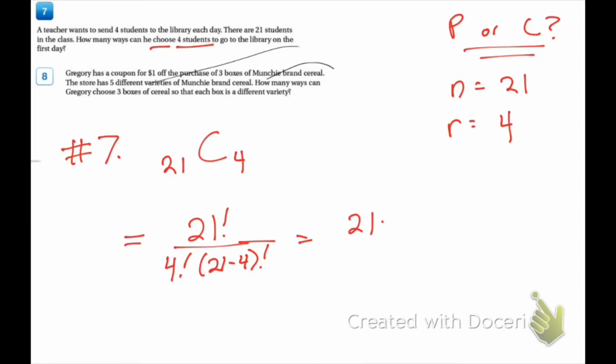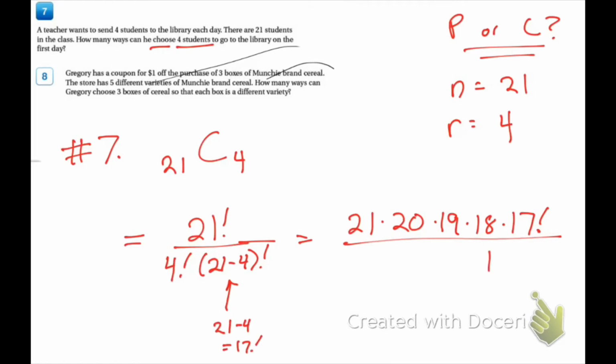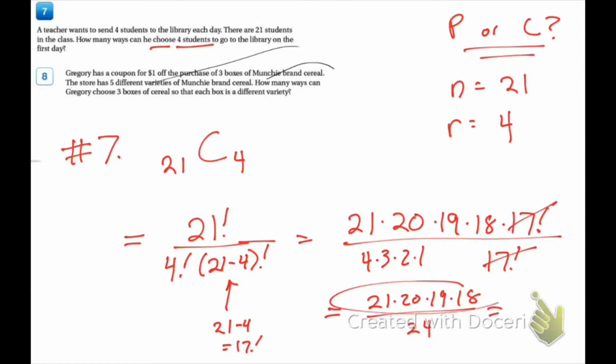So 21 times 20 times 19 times 18 times 17 factorial over, 21 minus 4 is equal to 17, so you're left with 17 factorial, and you have 4 times 3 times 2 times 1. Those cancel each other out. And then you do 21 times 20 times 19 times 18 over 24, 4 times 3 times 2 times 1. You can multiply these together, then divide by 24, and that will give you 5,985.